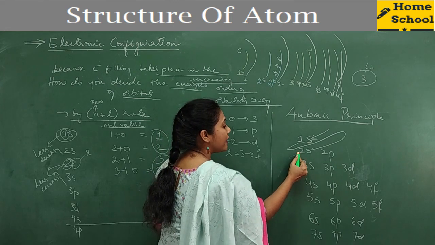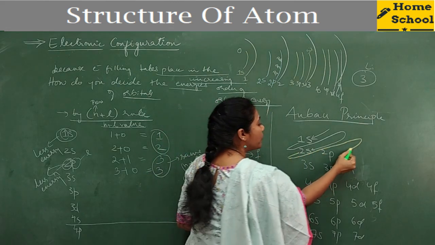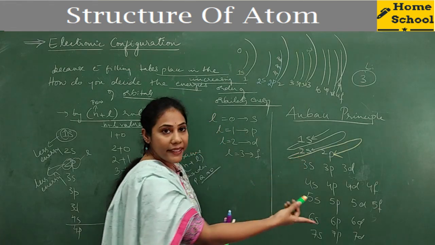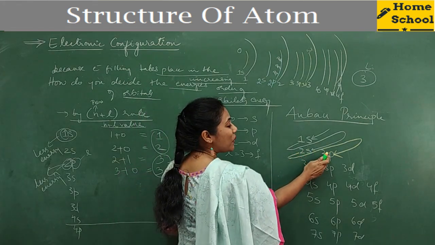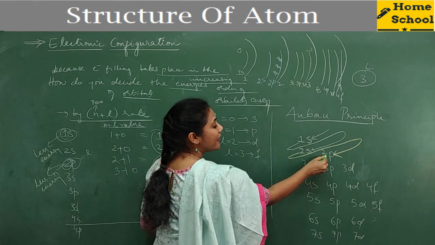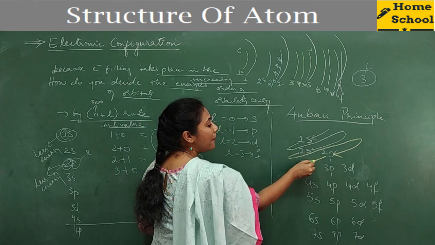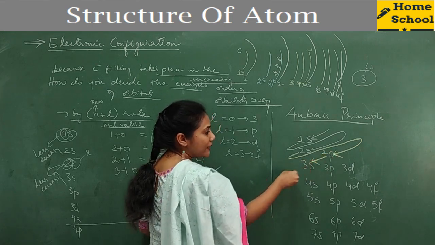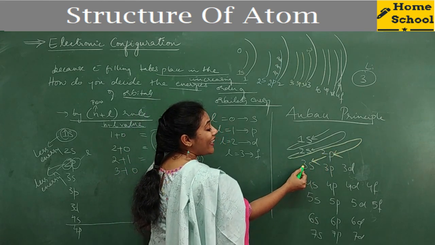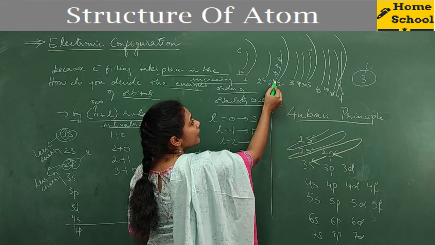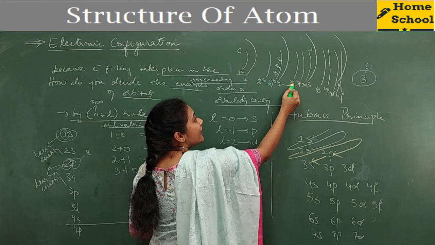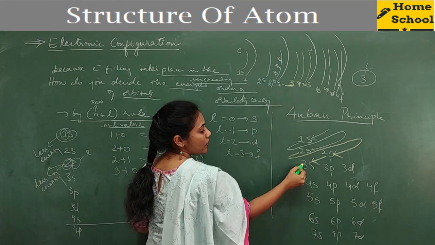Later observe carefully what I am doing. Next, after the 2s orbital is completely filled up, the electrons will like to go to the 2p subshell. After 2p, you come diagonally and keep putting the arrow marks. After this 2p subshell is completely filled, electrons will go to the 3s orbital.